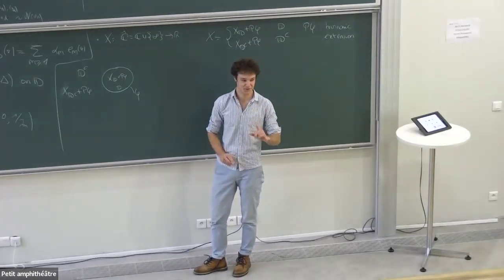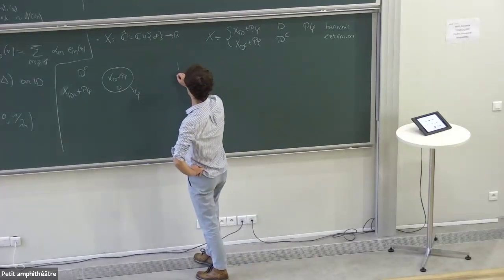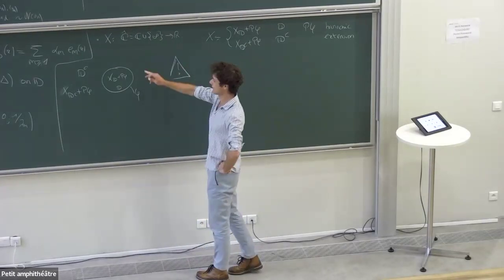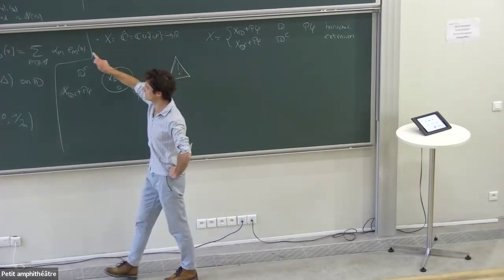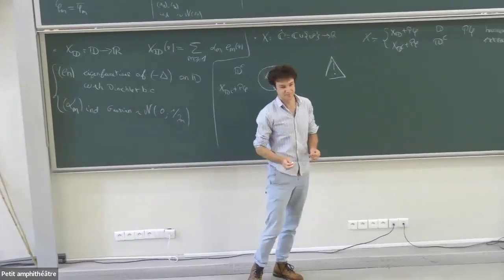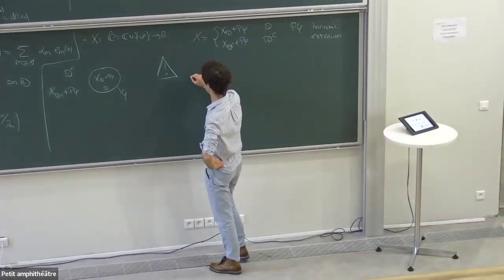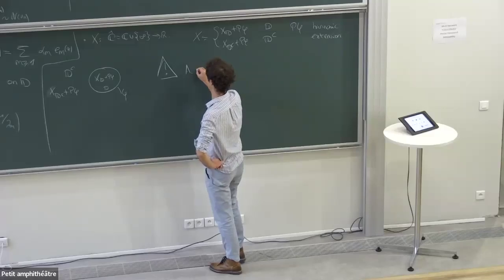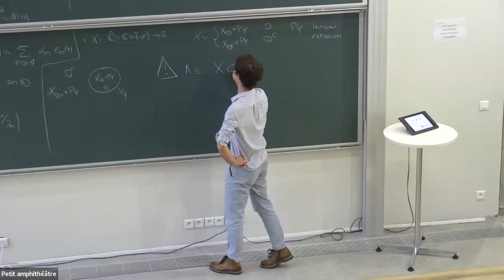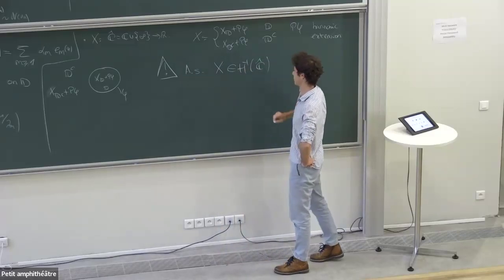And something that I need to say before moving any further is that this X that I define here, this X_D that I define there, and this phi, they are not really functions. Actually, they are generalized functions. So almost surely, this X is not a function, but lives in a distributional space.